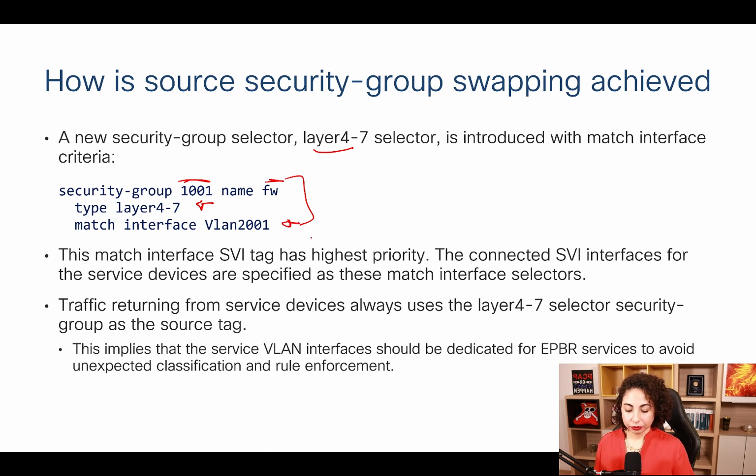So this is a very straightforward configuration, but it's still different from the perspective of how we are matching, because here the difference is that we are classifying in the data plane, while in classic ESGs we are classifying when learning by the control plane.